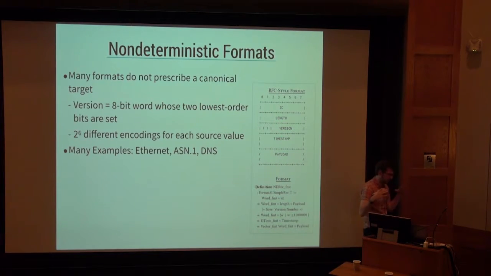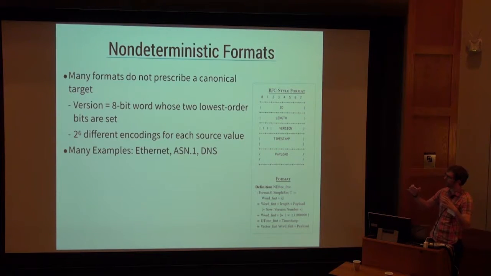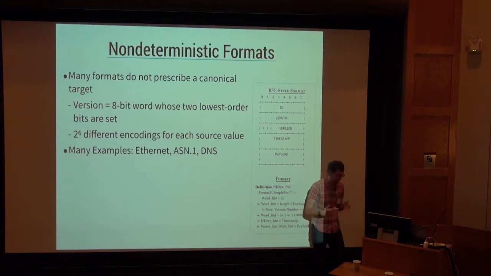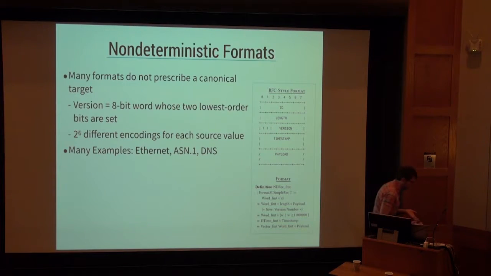So whenever you encode a domain name as a binary string, you can choose to encode it as just the string representation, or you could encode it as a pointer back to a previous encoding of that same domain name, or you could do several things in between. So it's rather complicated. And even to this day, standards like Google's protobufs will allow you to encode many different encodings of a given source value for maximum flexibility.